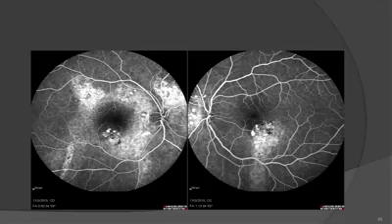If I suspect this is a case of posterior uveitis and I give him steroids, this will worsen the condition and cause more drop of vision. But when I looked carefully at the multiple imaging modalities and the fundus autofluorescence, I found that this is not a case of posterior uveitis. I confirmed the diagnosis with further investigation and also fluorescein angiography, and I found this is a case of CSR.